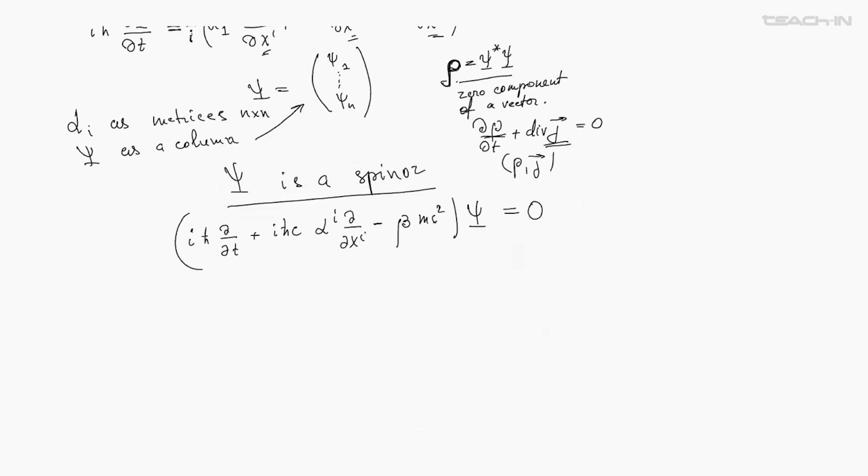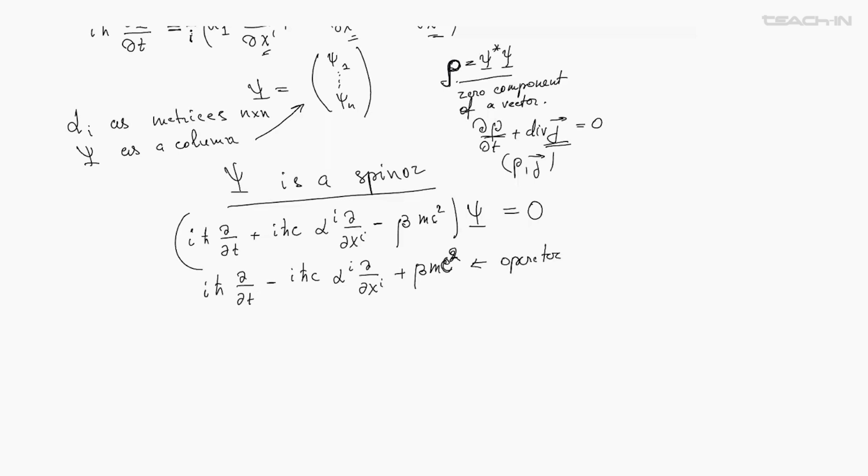Let's hit this equation with an operator: i h bar d over dt minus i h bar c alpha_i d over dx_i plus beta mc squared. This is an operator. It's a matrix differential operator.